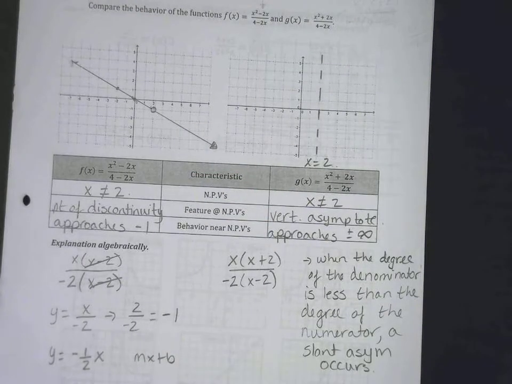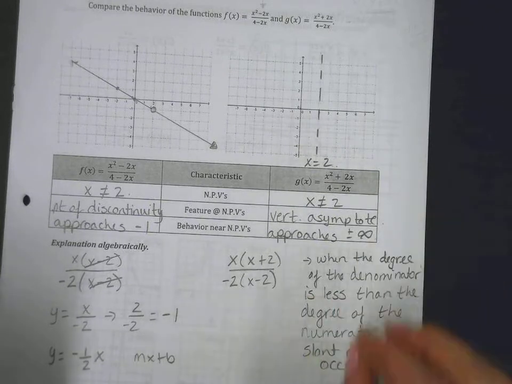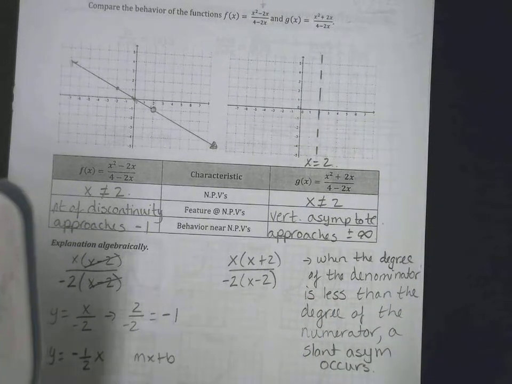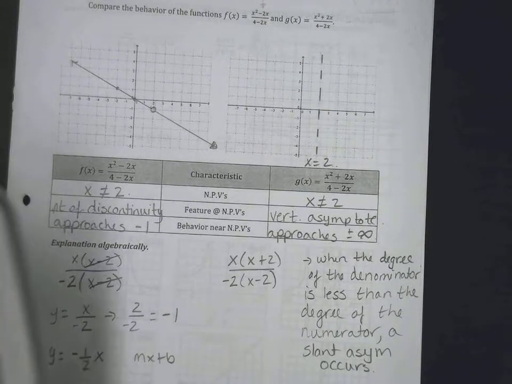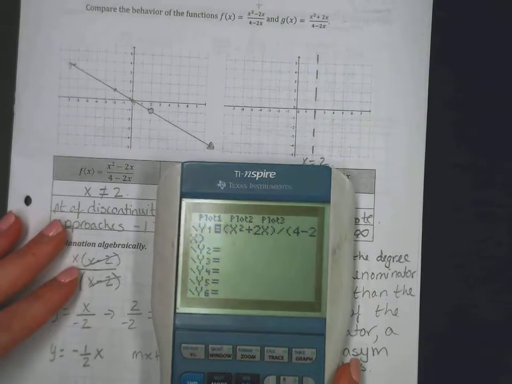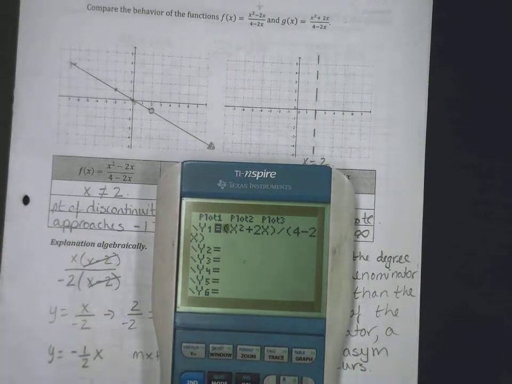If we look at this function, we don't actually study slant asymptotes in Math 30. I wanted to show you an example that they do exist, but we don't study them. All the examples you'll be given or tested on will be just horizontal.